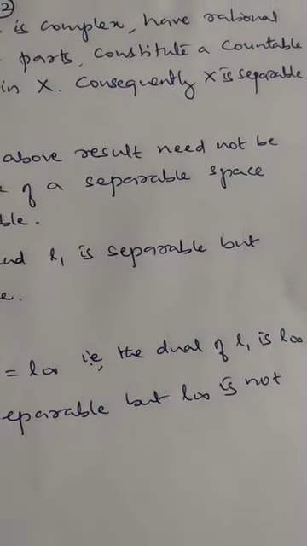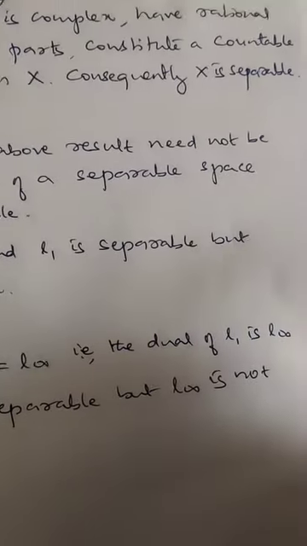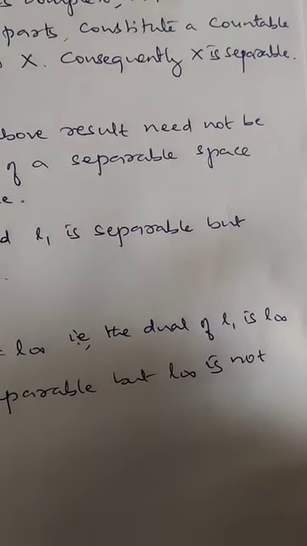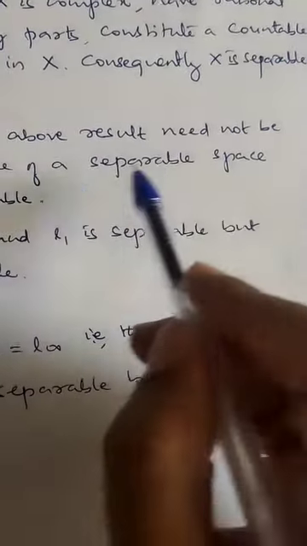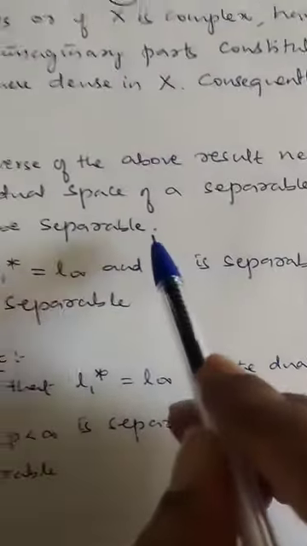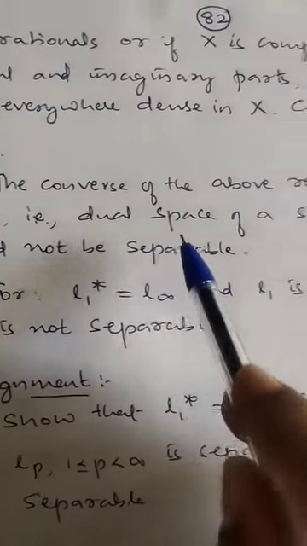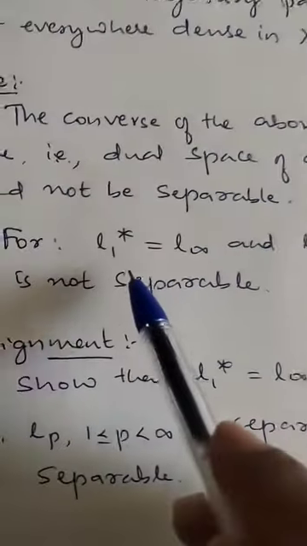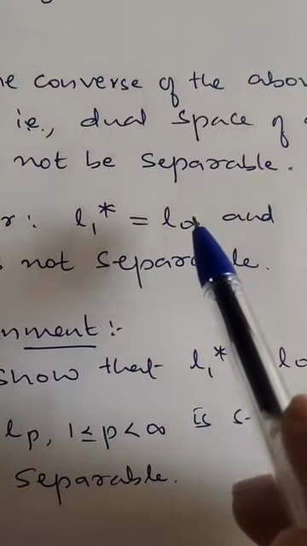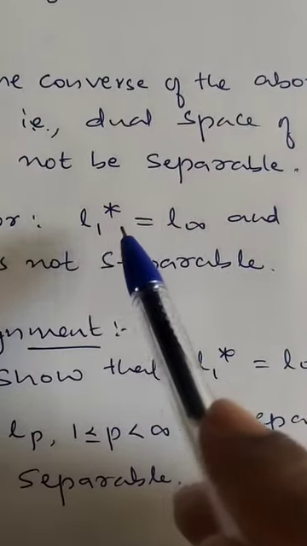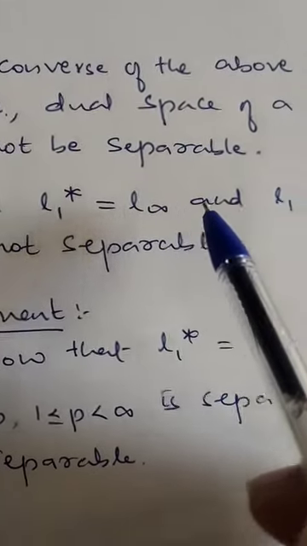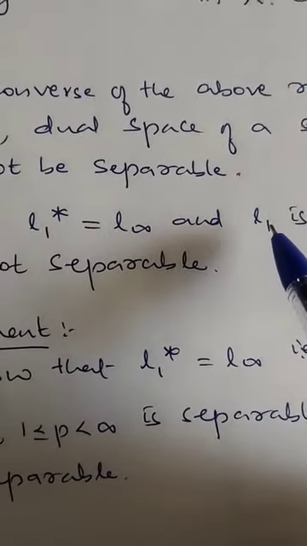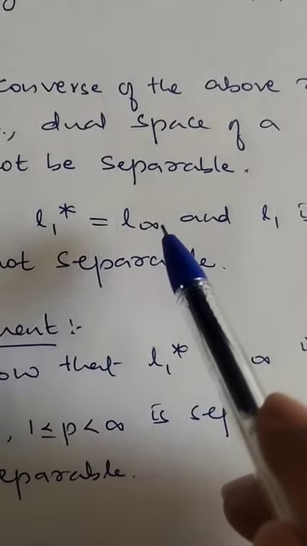That is, the dual space of a separable space need not be separable. The answer is no, because we know that L1 star is L infinity, meaning the dual of L1 is L infinity, and L1 is a separable space, but L infinity is not separable.